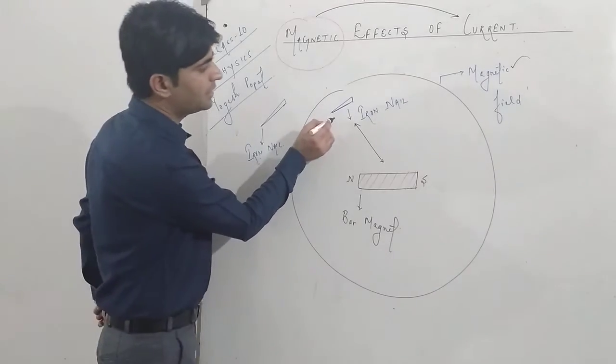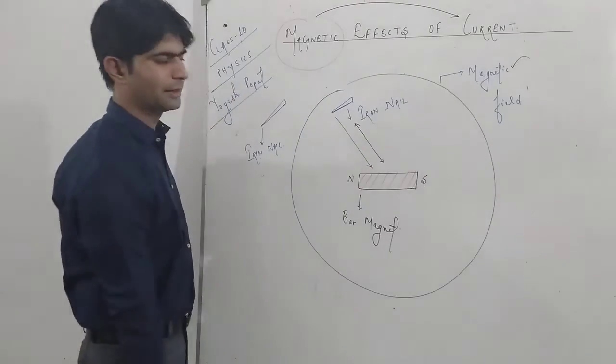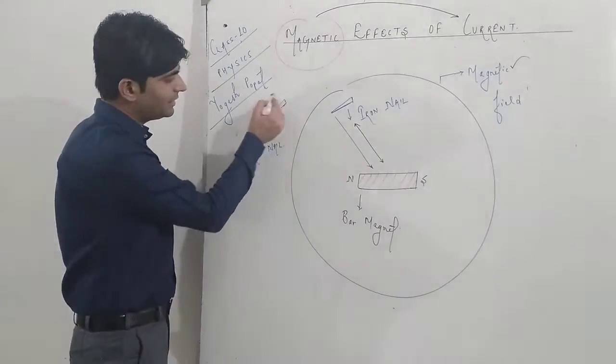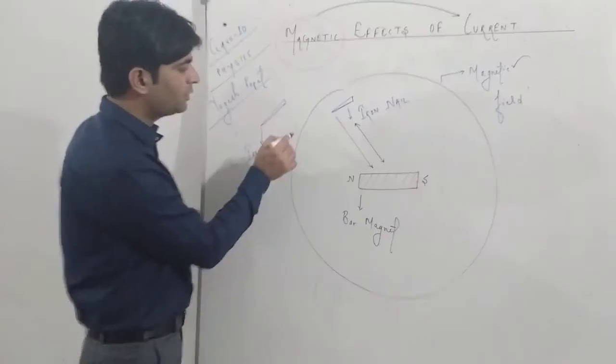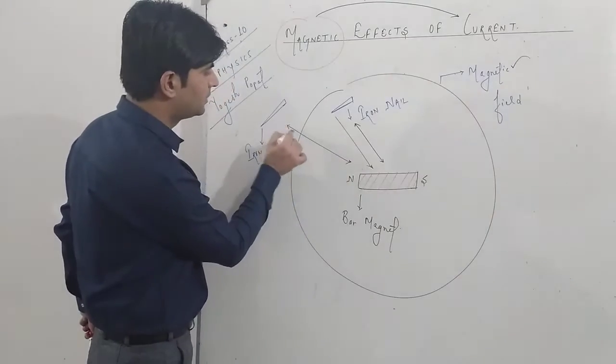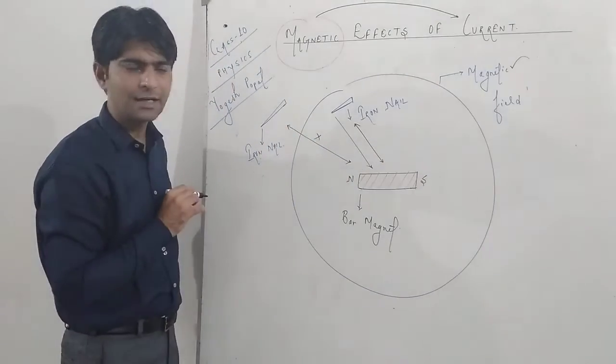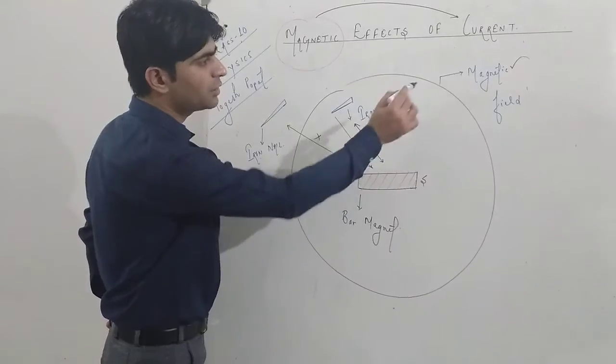This iron nail will get attracted towards this bar magnet. But if the same iron nail is kept outside this magnetic field, there will be no interaction between this bar magnet and the iron nail. So what is a magnetic field?